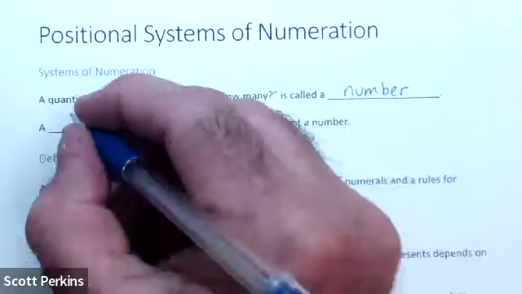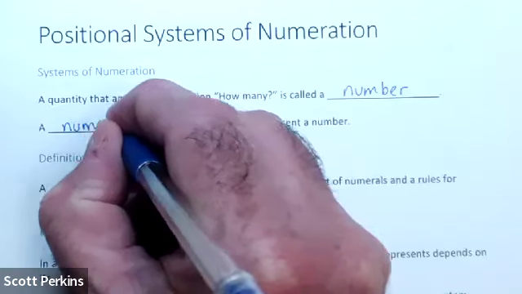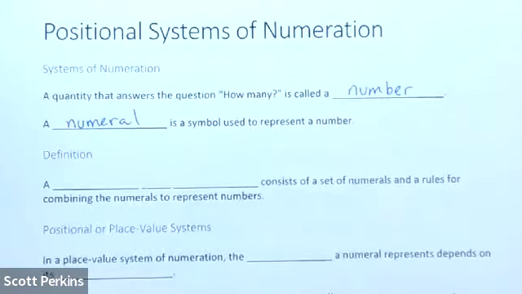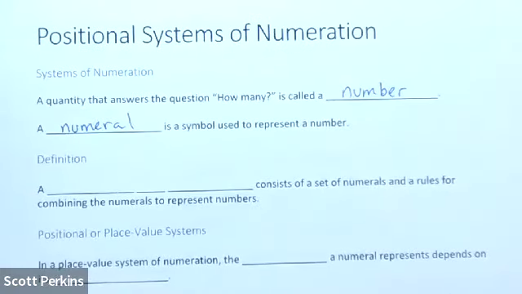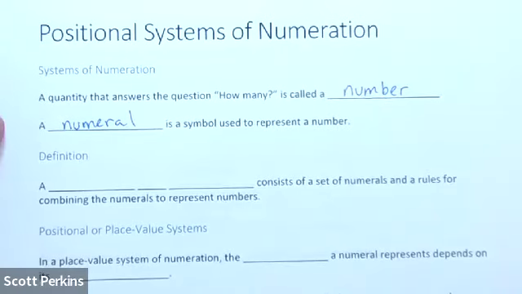A numeral is the symbol used to represent the number. As I just mentioned, looking at the additive system, the Egyptian hieroglyphics and things like that, the number value is the same, but the numerals, the symbols that represent those numbers, are different. But they would have communicated the same thing.